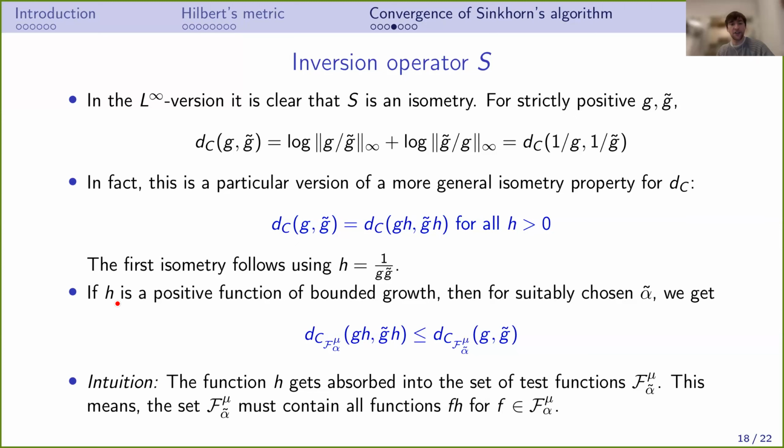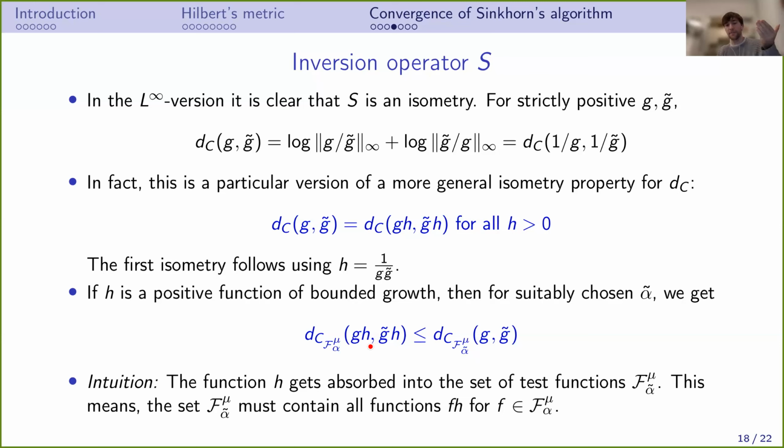So if h is some positive function, now of suitably bounded growth, let's say, then again, I'm a bit imprecise here, but for suitably chosen alpha tilde, we don't quite get this equality as here, but we at least get an inequality. So the Hilbert metric with this growth alpha of g times h and g tilde times h is bounded by a Hilbert metric between g and g tilde, but here we have a slightly different order of growth alpha tilde compared to alpha.